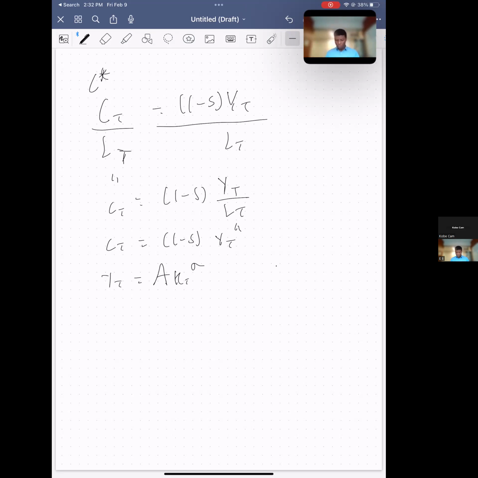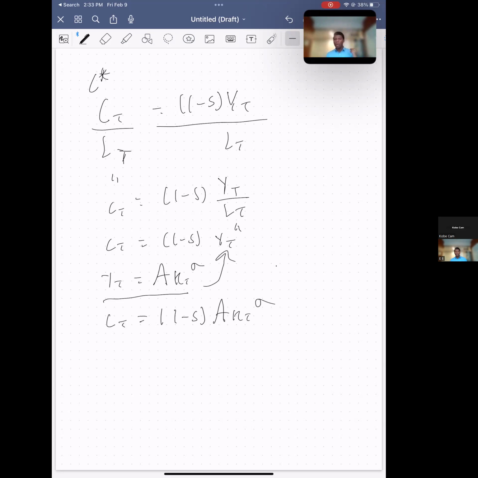This is one of the things we talk about when we think of AK models. In any case, we can plug in our y_t equation for this Y_t. So now c_t is equal to 1 minus s times A k_t^alpha.